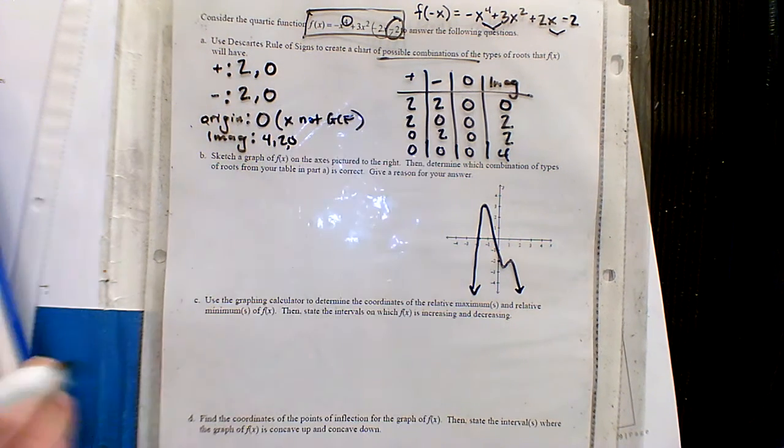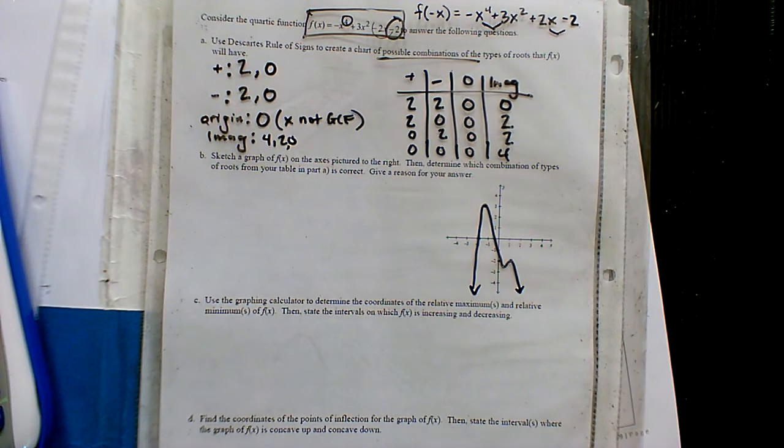So now that we have a picture, can we decide which of the 4 combinations is the correct one? What do you think, Noah? 2 positive, 0 negative, 0, 0, and then 2 imaginary.